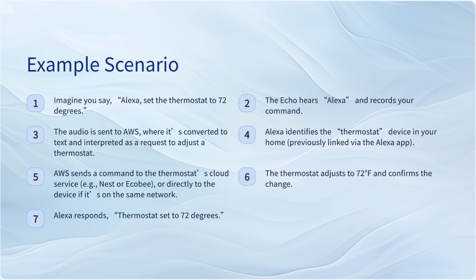Alexa identifies the thermostat device in your home, previously linked via the Alexa app. AWS sends a command to the thermostat's cloud service, for example, Nest or Ecobee, or directly to the device if it's on the same network. The thermostat adjusts to 72 degrees and confirms the change. Alexa responds, "Thermostat set to 72 degrees."